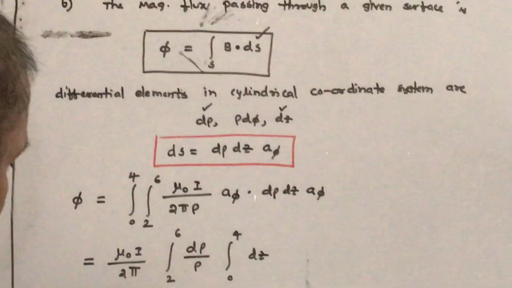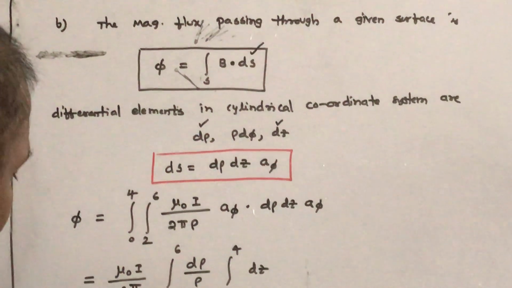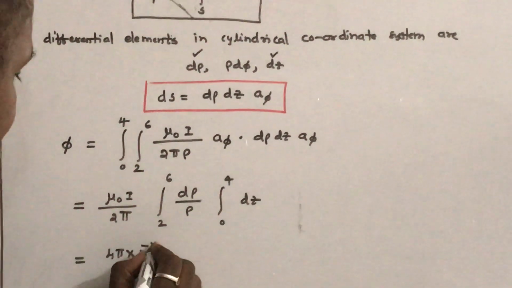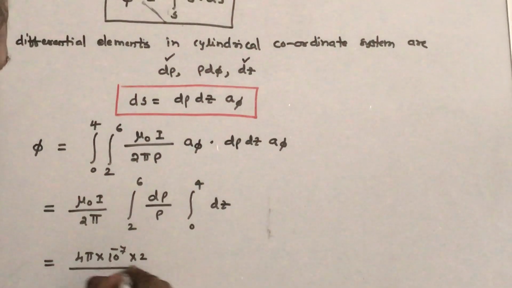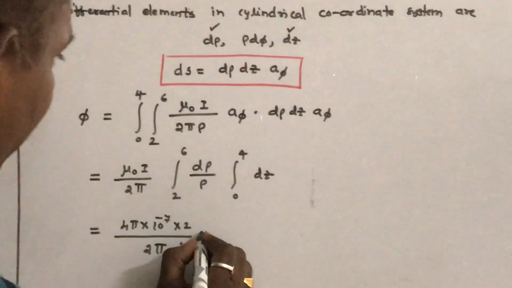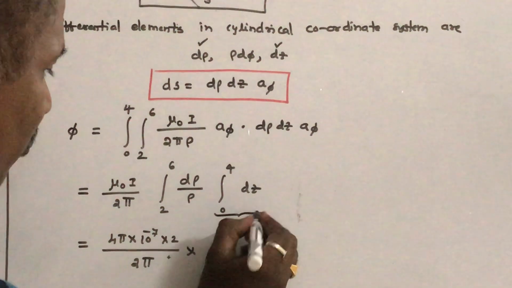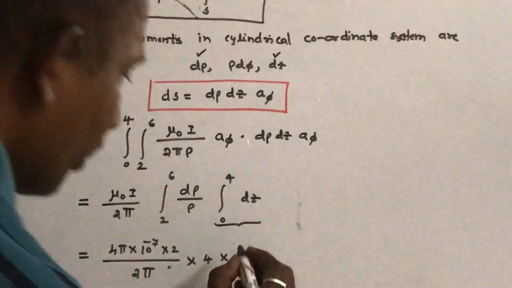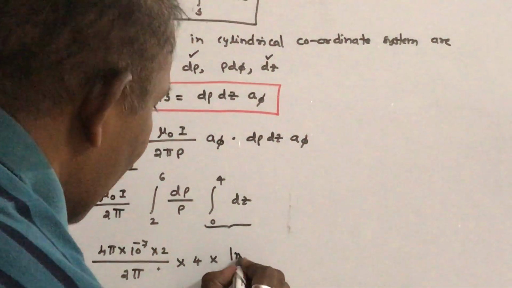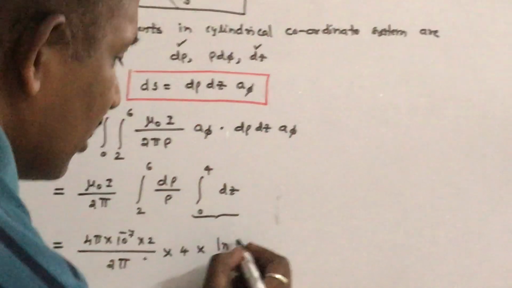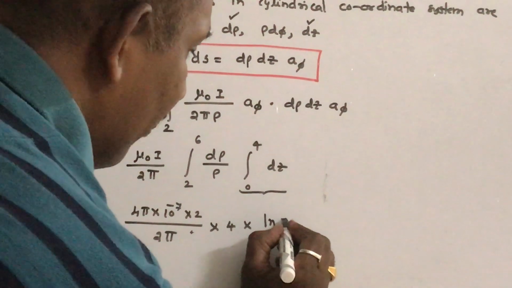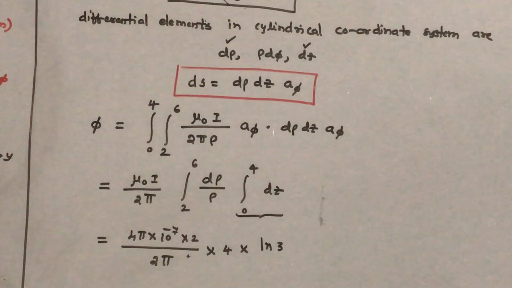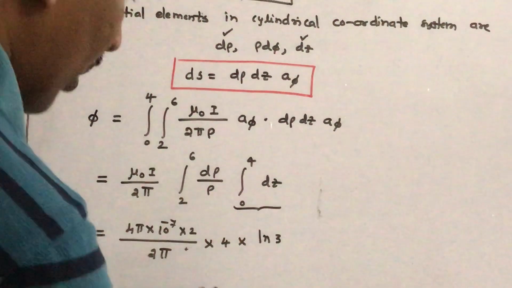So mu 0 is 4 pi into 10 power minus 7, into the current 2, by 2 pi, into 4 from the dz integral, and the integral of d rho by rho is the natural logarithm of rho. So log 6 minus log 2, which comes out as log 3.